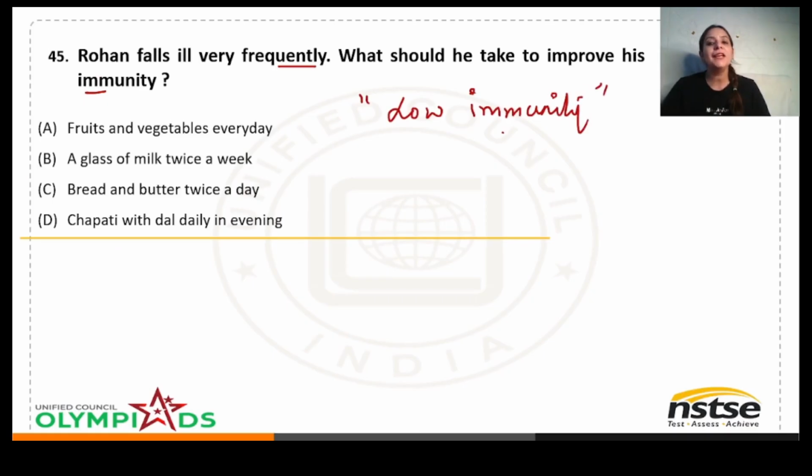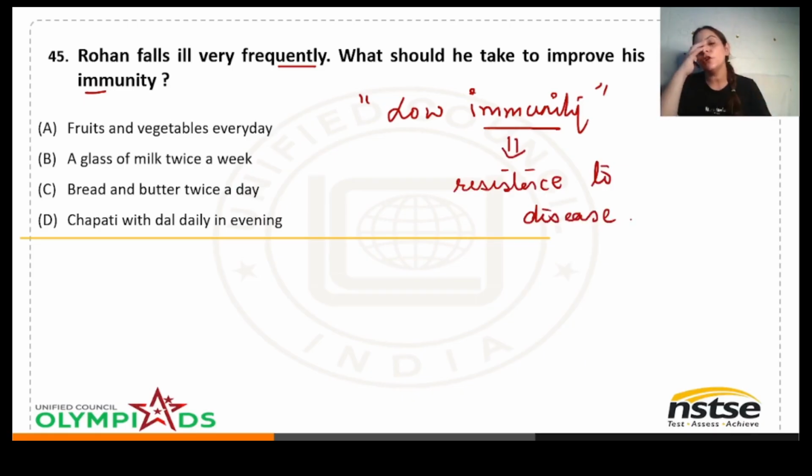Now you must be thinking, what is immunity? Immunity is basically resistance to disease, or you can say the tendency of your body to fight against the infection causing agent. So the more your body is resistant, or the more you can fight with disease causing agents, we can say that you have got more immunity.